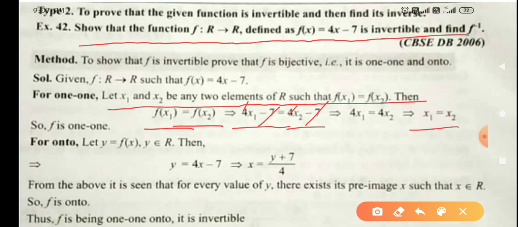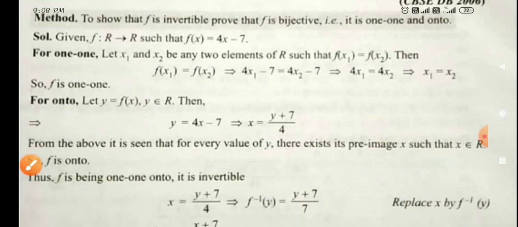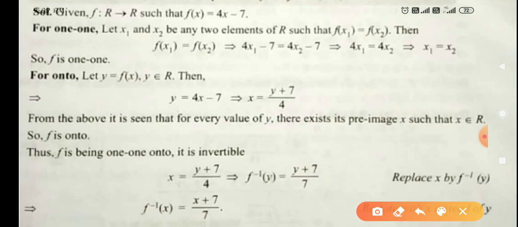Now for onto, you have to suppose the given function as y equals f(x). So y equals 4x minus 7. Make x the subject. It is coming (y plus 7) upon 4. Now you can see, for every value of y, this x is defined, means y is the range, means from the range you have to take the values of y.